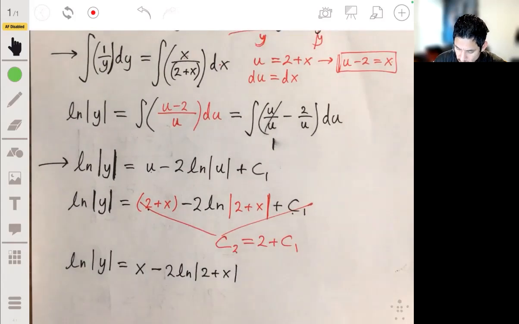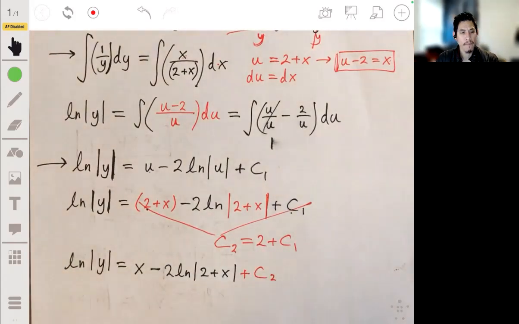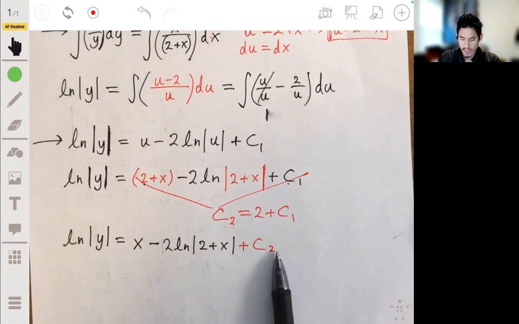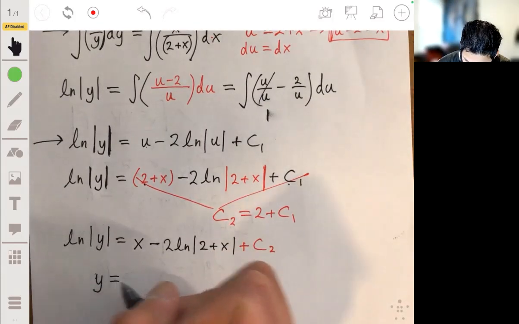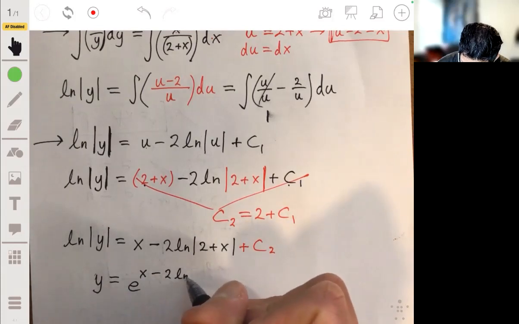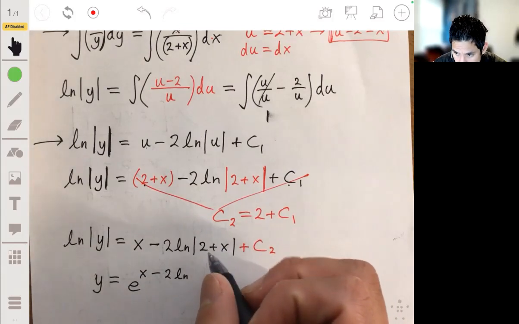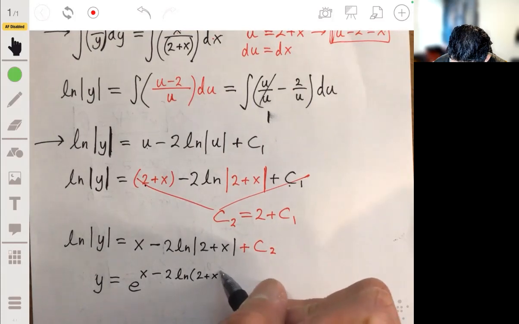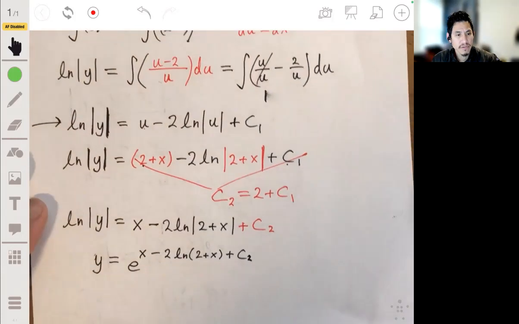So plus c2 at the end. Okay, so now let's go ahead and raise e to this whole group. So we're going to get y being equal to e to the x minus 2 natural log of 2 plus x plus c2, and we can now omit the absolute value symbols.